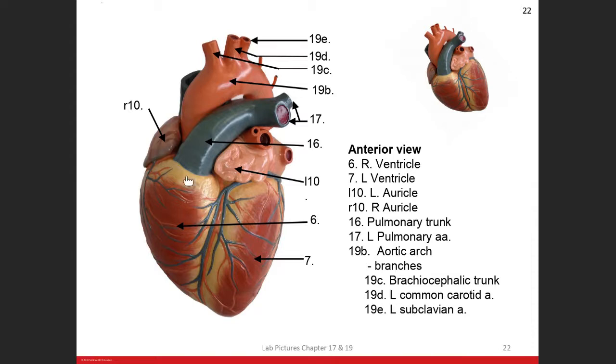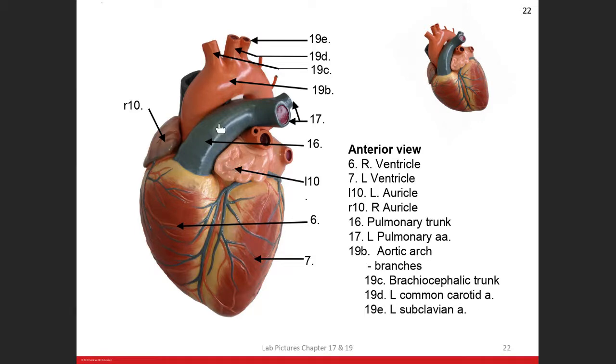Here's your right ventricle. Here's the left ventricle over here. And then right over here, there's the right auricle. And our left, you can really see that one pretty predominantly. There's the left auricle. Again, it does definitely look wrinkled. It's an extension off of the atrium.